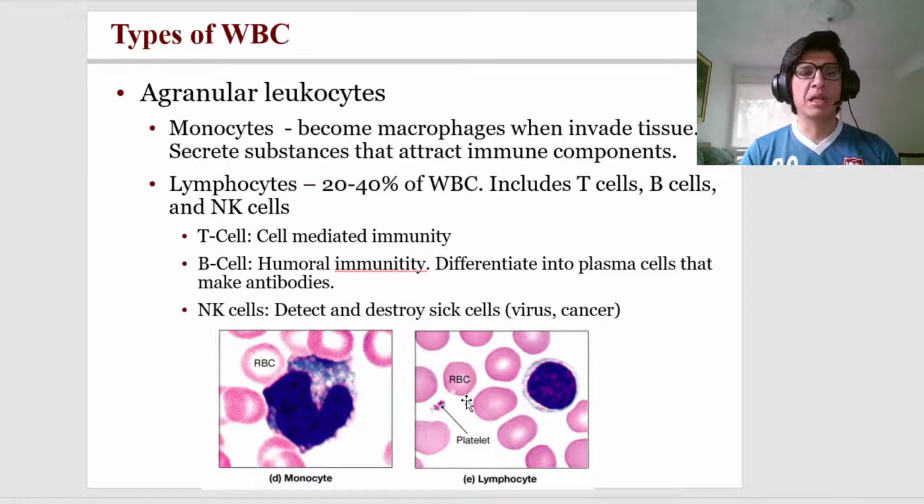Now here you have the agranular leukocytes, you have your monocytes. Once again, look at that nucleus. It has that amorphous multi-lobe nucleus, and these monocytes are also known as macrophages whenever they infiltrate a tissue, because there are infections happening throughout all of your body, and these monocytes need to reach those sites, and they do so.